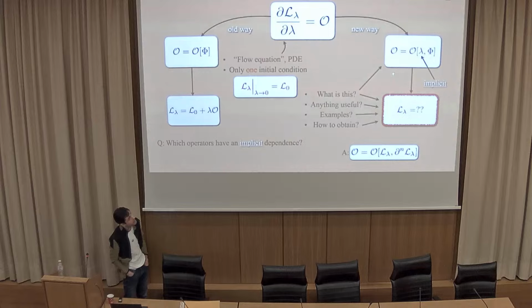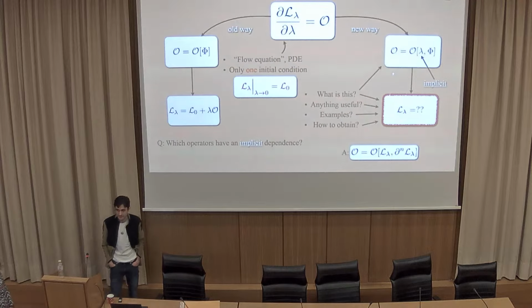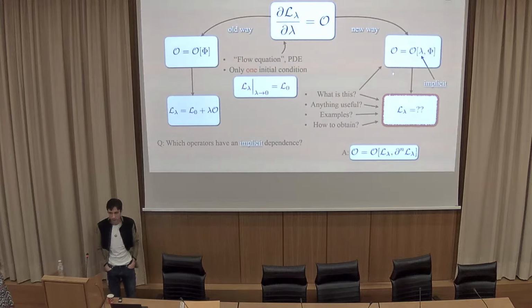If you have an explicit dependence, you don't get an infinite series of corrections. I can give you an operator which has some limit for lambda zero, and then beyond this has some Taylor expansion in lambda. Infinite expansion. Infinite, yes.